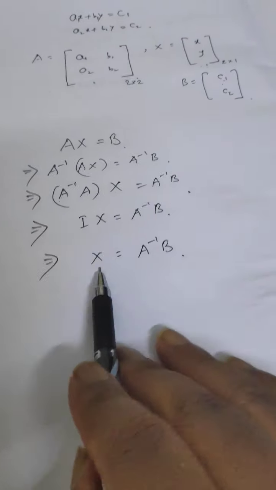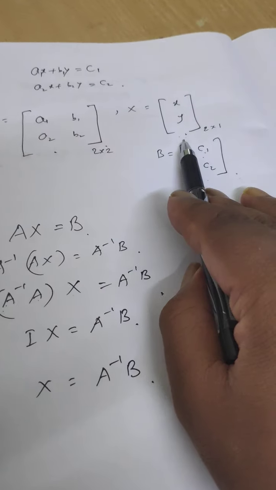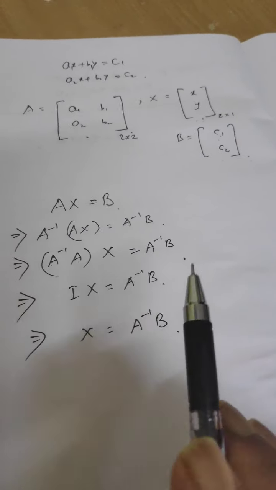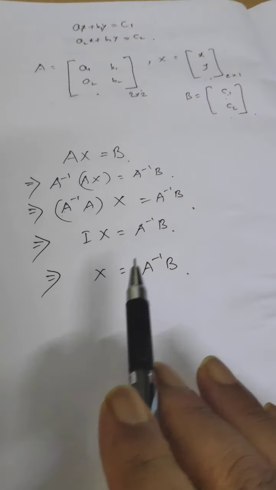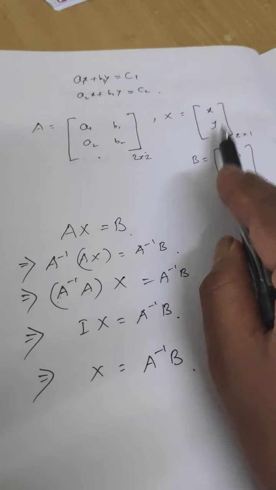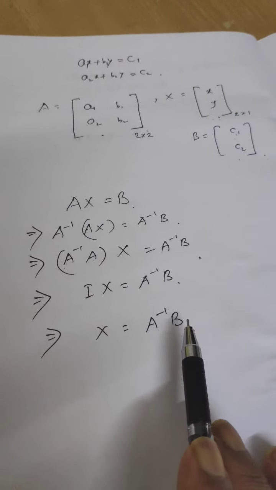Now what is X? X is x and y. So we can find x and y using the formula A inverse B. This is true for 2 variables and also for 3 variables.